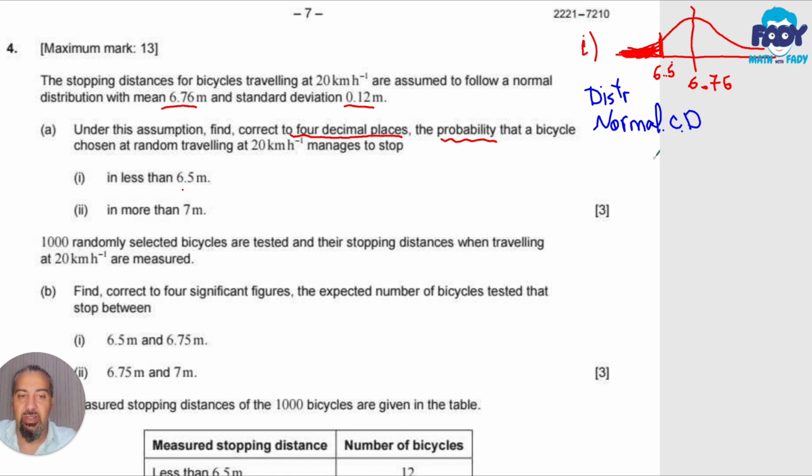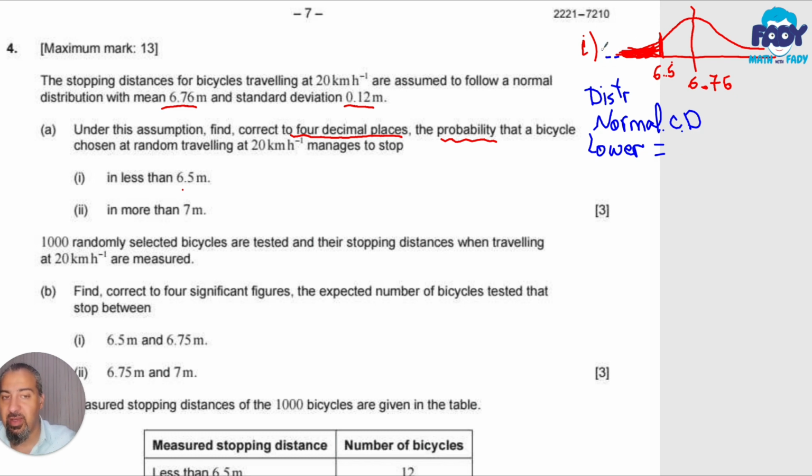This is the normal distribution. When we enter it, the calculator screen will ask for some items we need to fill. First, it will ask about lower. What is the lower? This is the smallest value in this shaded area.